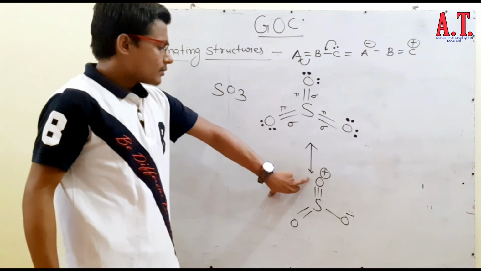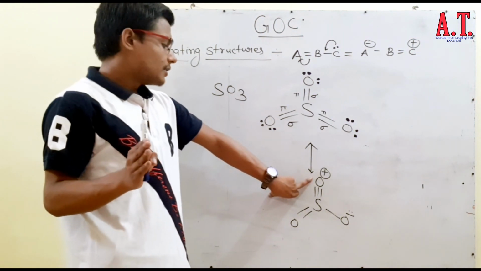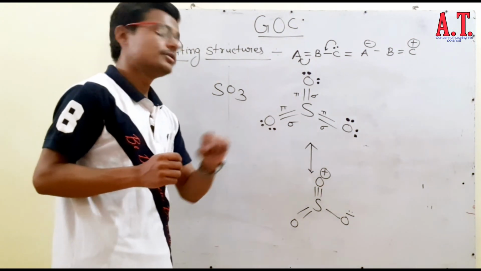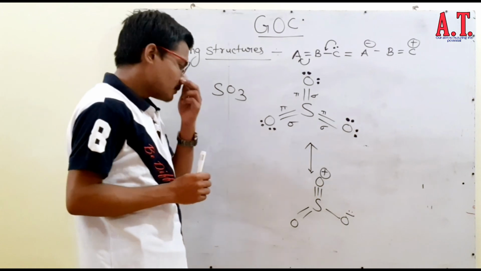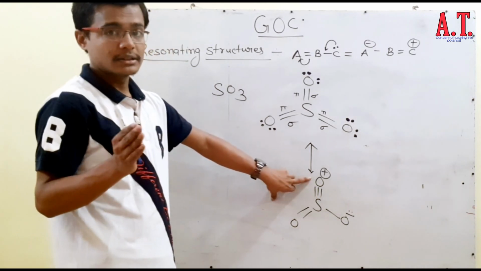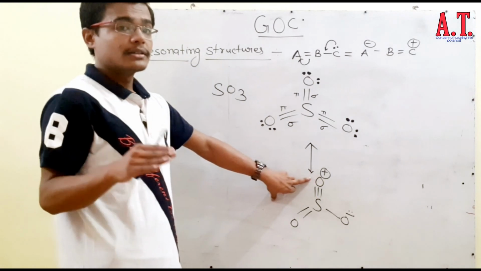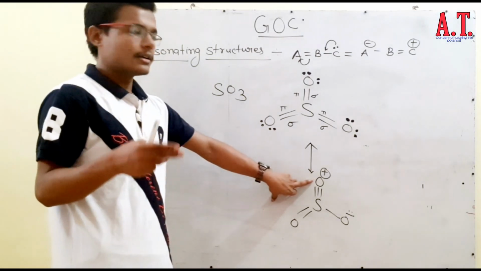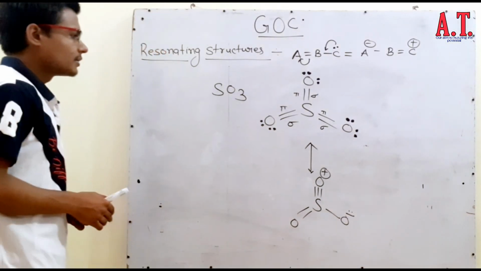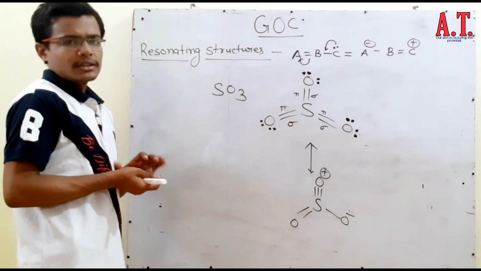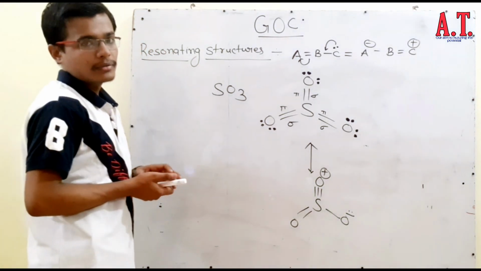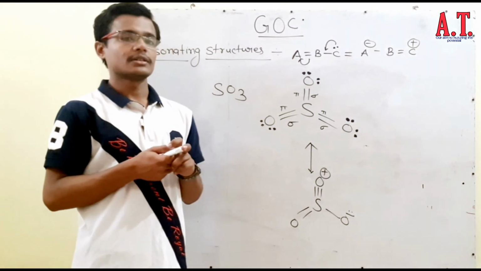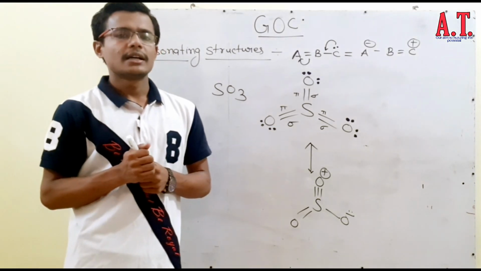Although a very electronegative atom like oxygen is not able to hold a positive charge, it is possible when the octet of this oxygen atom is fulfilled by its outermost electrons, then it is able to hold the positive charge in these situations. So it is all about the resonating structure. It is one of the most important topics of general organic chemistry, and you have to know how to draw the resonating structures for JEE Main, all the state exams, and engineering exams.